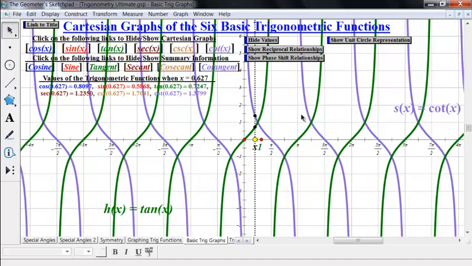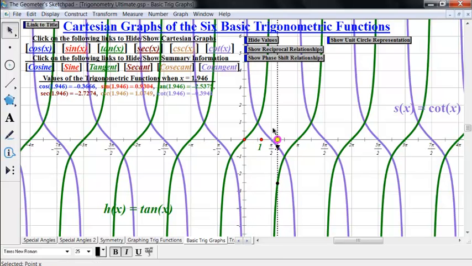They're not just horizontal shifts of each other. They are actually reflections of each other around this line, say x equals pi over 4.